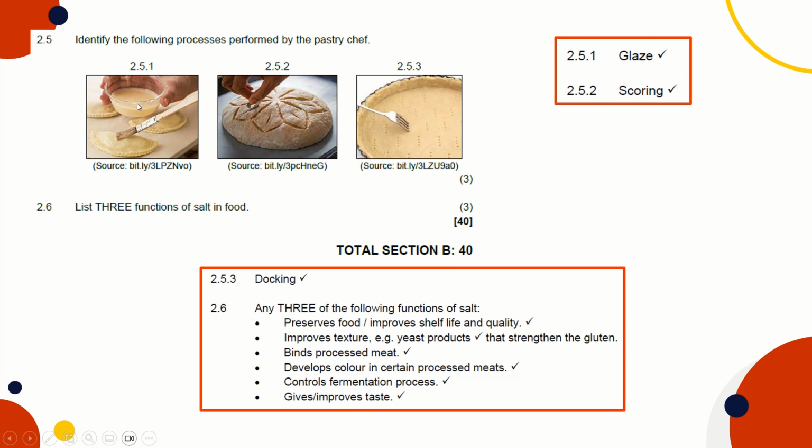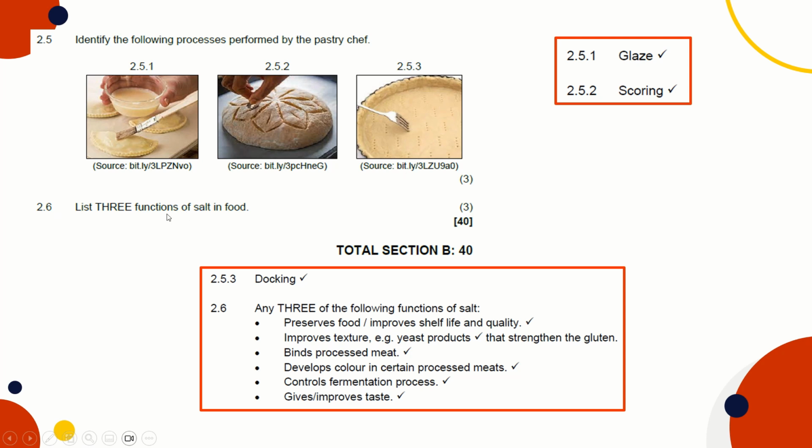Now this whole process is known as glazing, when you brush egg wash on top of a product before you bake it. 2.5.2, this is where a razor blade is used to scratch the surface of a dough mixture to form patterns on it. This is known as scoring. Over here, 2.5.3, a fork is used to prick little holes in the base of the lined pie dish. This process is known as docking.